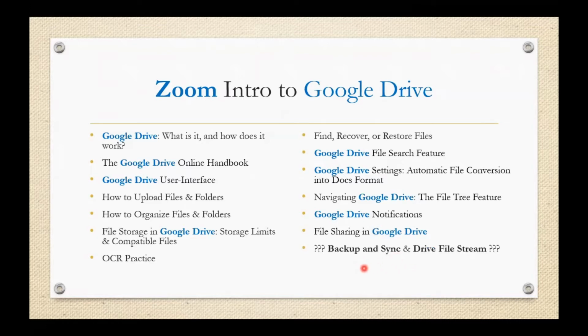And then there's something called Backup and Sync and Drive File Stream. And that I will just tell you is something that has evolved over the years, but the bottom line is the version that you have for your own personal computer is called Backup and Sync, where instead of all of your Google stuff being up in the cloud, you can actually set it up where some of it resides on your hard drive.